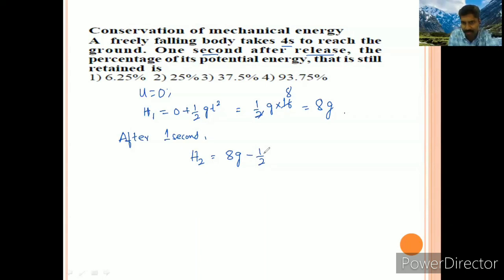Here also freely falling means u value is 0, so half g t square with t equal to 1. So 8g minus g by 2, that is 16 minus 1, so 15g by 2 we can get. This is the one case.